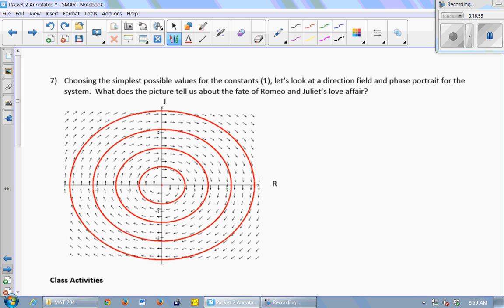So in the first quadrant, that's the only time they both love each other, right? So 25% of the time, they are in love with each other, but both of them have their love decreasing. And then in the third quadrant, they hate each other.